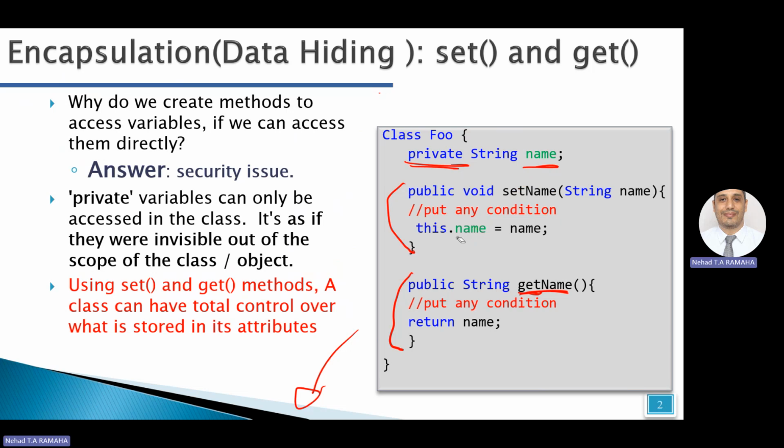If you allow the set method, we usually use it to get data from outside into our variable. So we allow reading and writing here. We allow writing or changing the data using the set method.